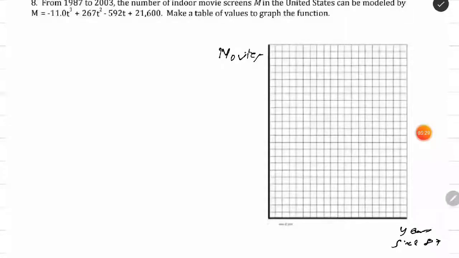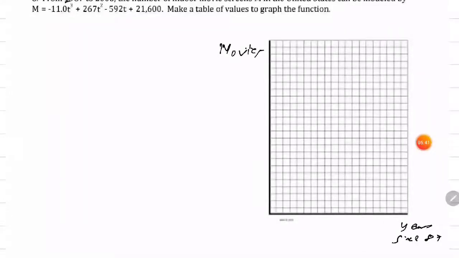So 0 would represent 87, 1 would be 88, 2 would be 89, and then you would go on to 2003.